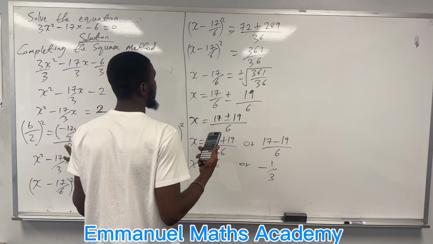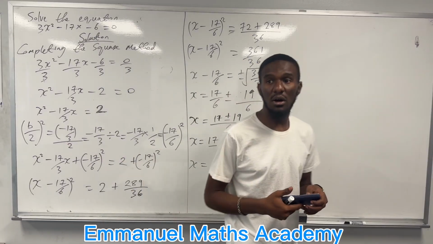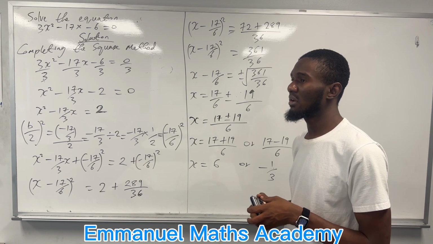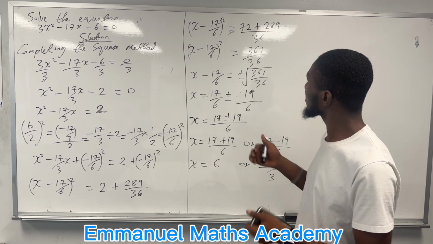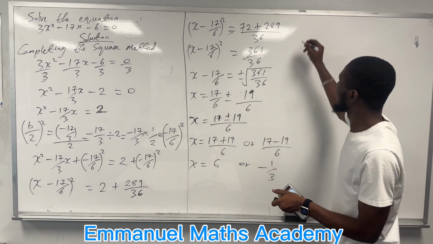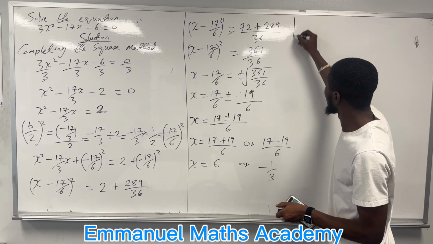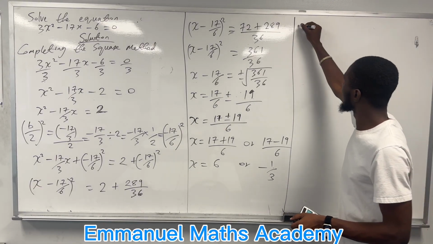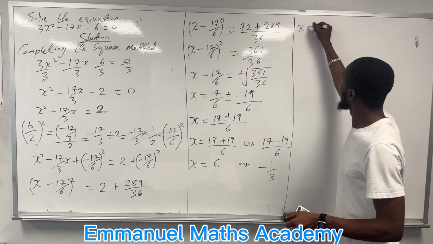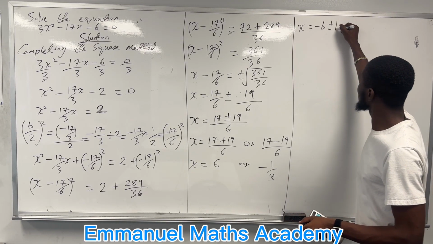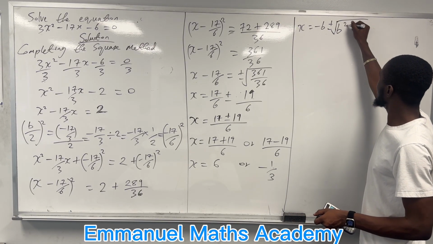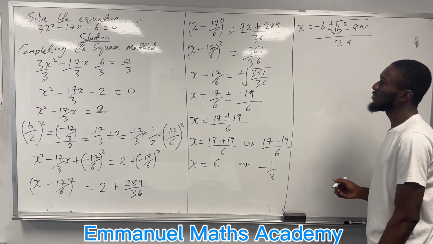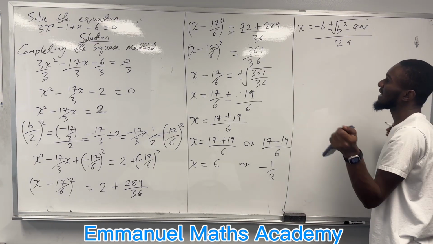You can also use a different method. You can use the general formula method, factorization method, or even the graphical method. Let's solve this using the formula method. The formula is x equal to minus b plus or minus the square root of b squared minus 4ac all over 2a. You just plug in the values of a, b, c.